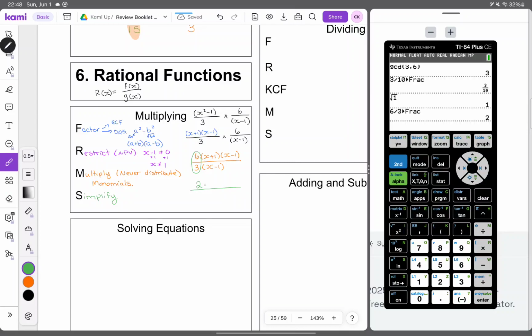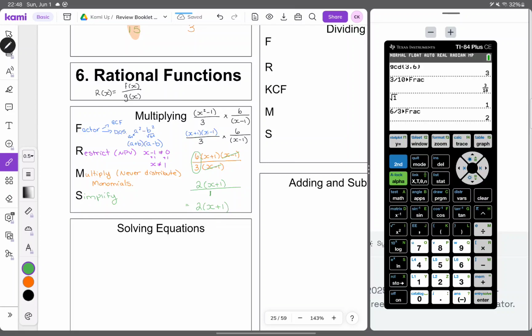There's nothing for this x plus 1 to cancel with, so it's just going to stay x plus 1. And this x minus 1 can cancel with this x minus 1. So this one actually doesn't have a denominator. You can say it has a denominator of 1 if you want. But really, it just simplifies down to 2 times x plus 1.